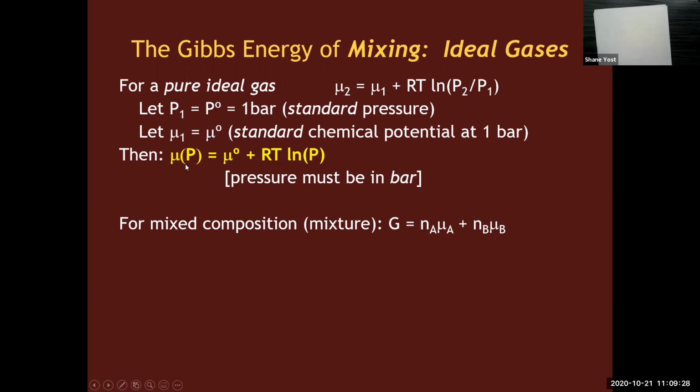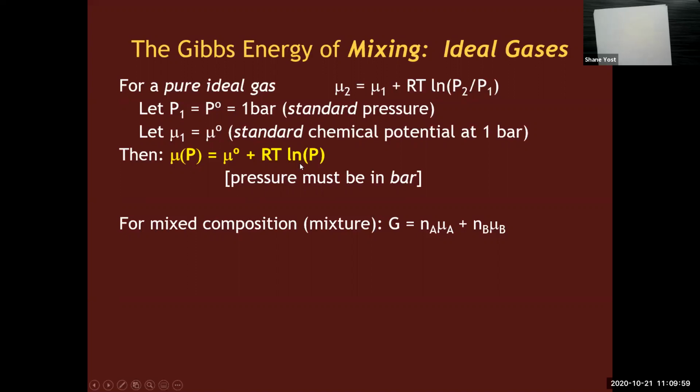So the chemical potential of a gas at some pressure is related to its standard chemical potential plus RT ln of whatever the pressure happens to be, measured in bar. Again, the standard chemical potential assumes 1 bar, so that pressure has got to be measured in bar. We'll use that relationship when we get to chemical equilibrium to derive the equilibrium constant expression.